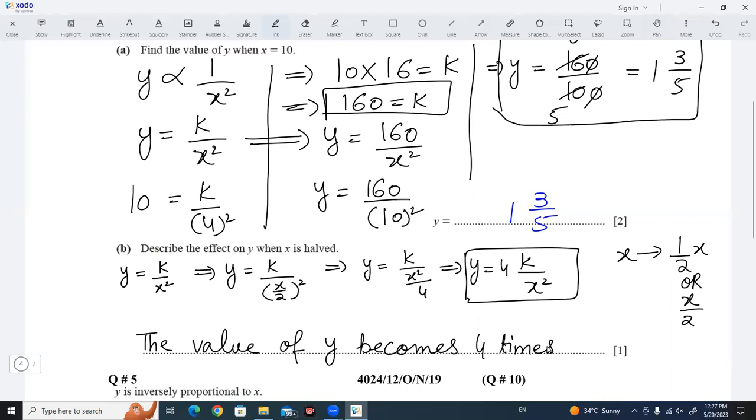We can say just 4 times the previous value. It will be fine with just one statement. You have to describe this thing. In description, it means to write it down in some words.